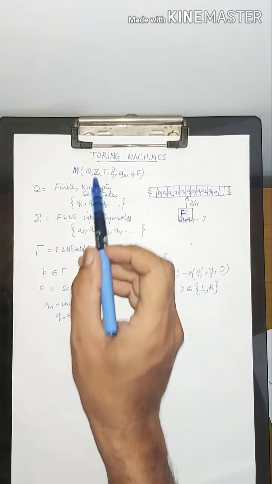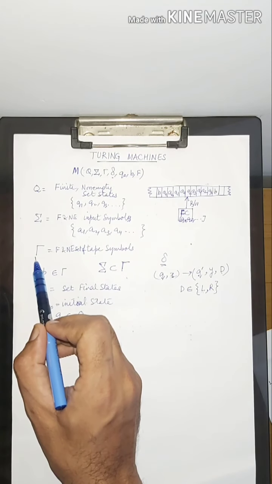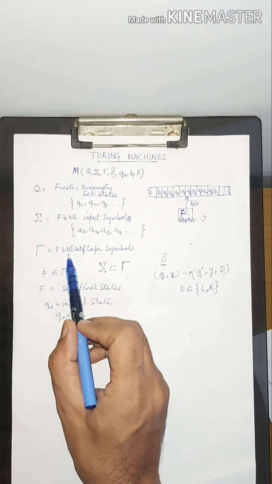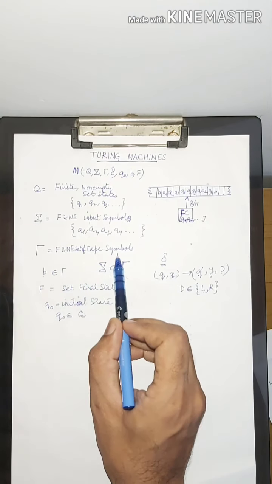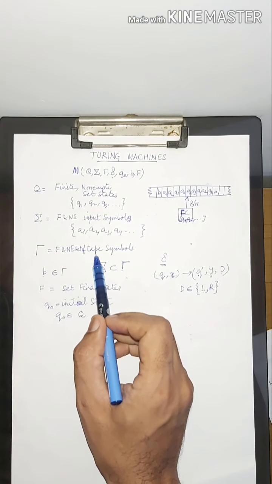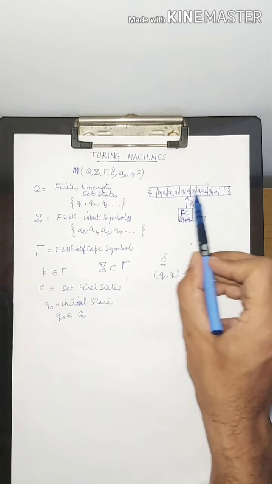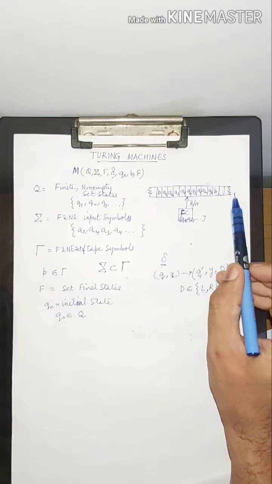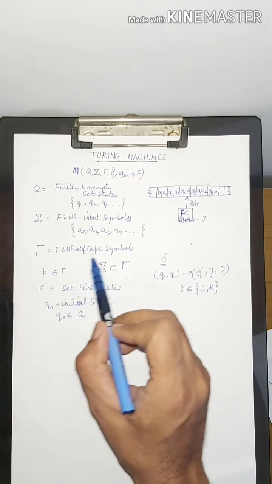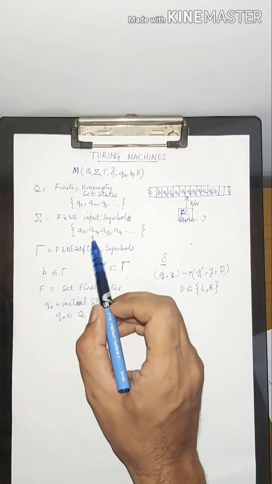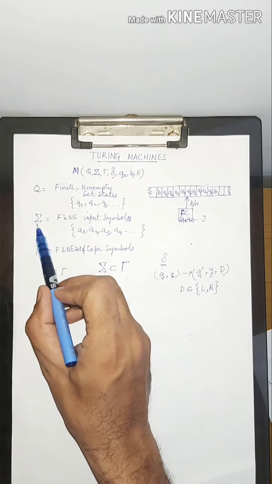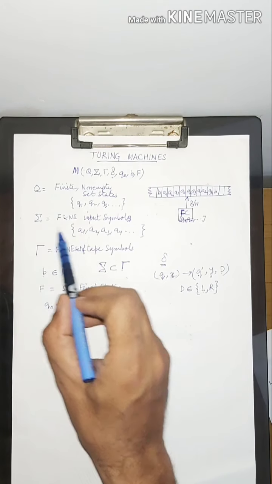As the third component, we have tau. This is a Greek letter tau, capital tau. It also is a finite and non-empty set of symbols, but these symbols are known as tape symbols. Tape symbols are the symbols which will be used on this tape, and in addition to this, this set tau of tape symbols includes all the symbols of the sigma input symbols set.